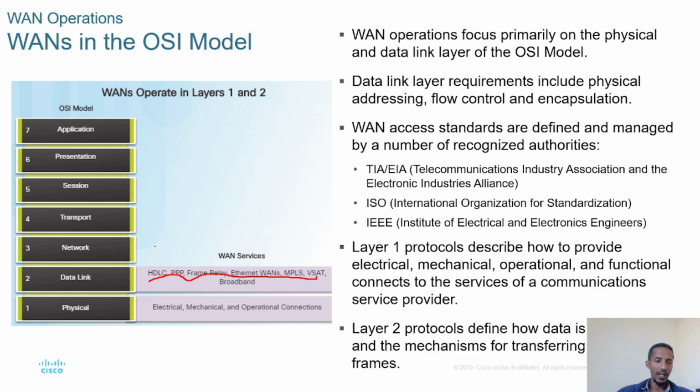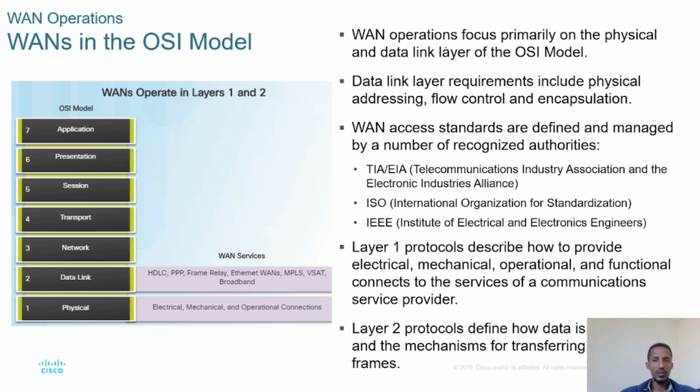I think you do remember that IP was at the network layer, and TCP was the transport layer protocol. Whenever you have a WAN connection, you will usually use HDLC and PPP for point-to-point. Whenever you have a shared network, usually we use Frame Relay. These are protocols used at the data link layer of a WAN.